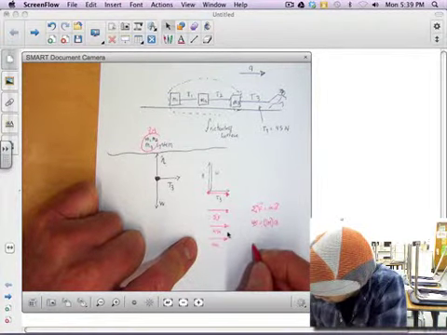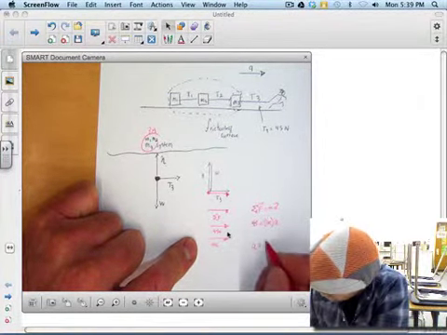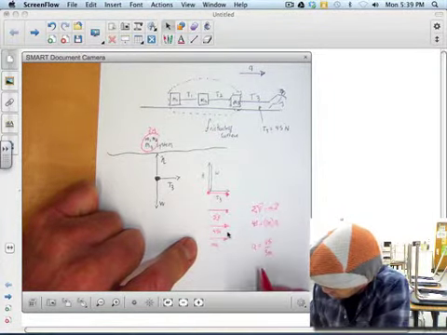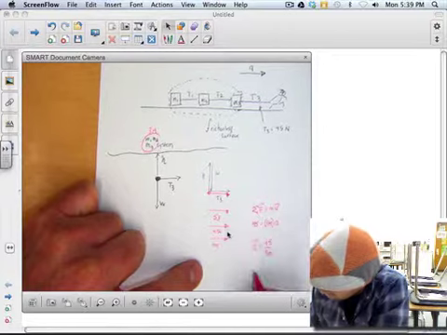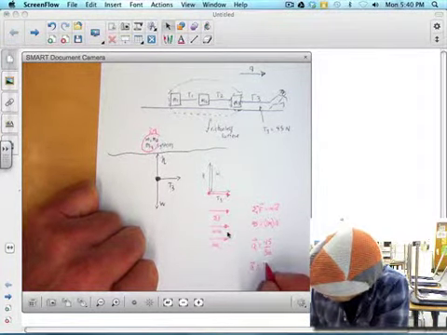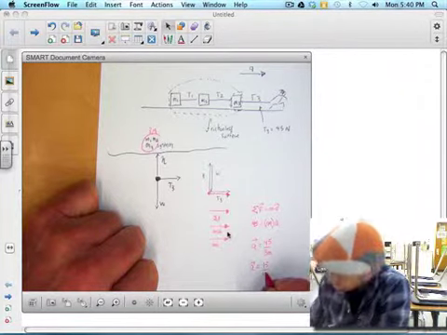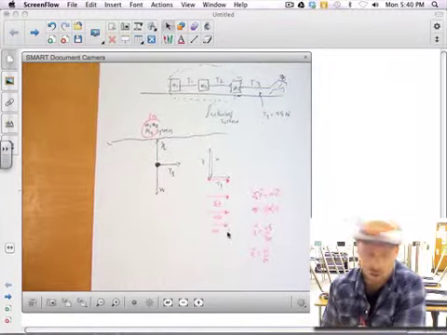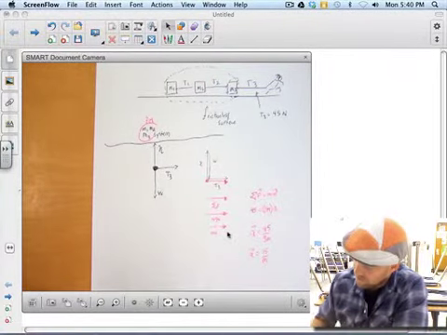So a has got to be 45 over 3m. I have no units here. I'm going to get confused. And my acceleration vector therefore has to have a magnitude of 15 over m, whatever m is. That's about as far as I can go right there.